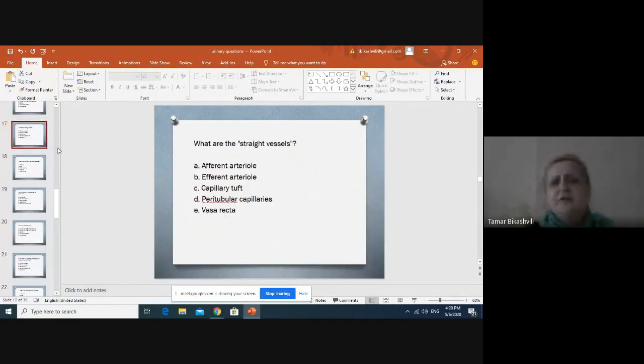What are these straight vessels? Afferent, efferent arterioles, capillary tuft, peritubular capillaries, or vasa recta.